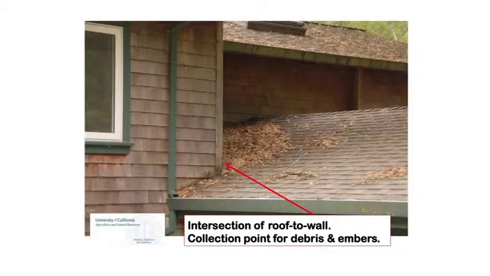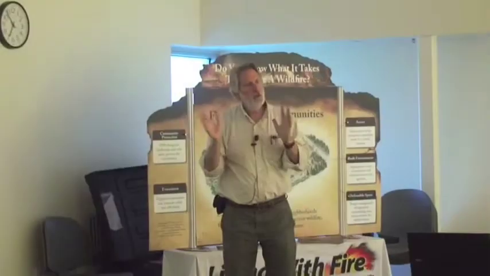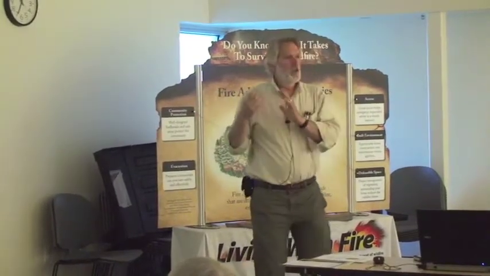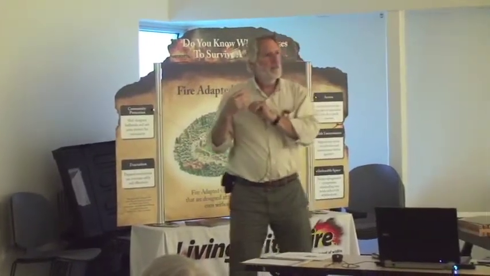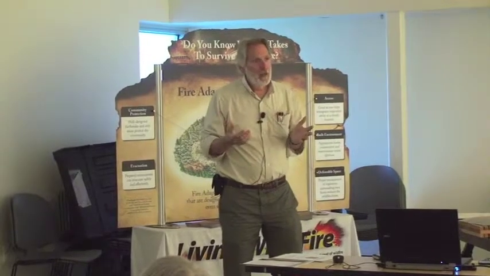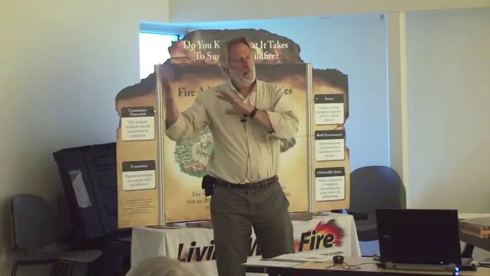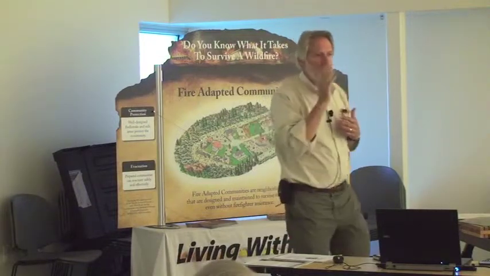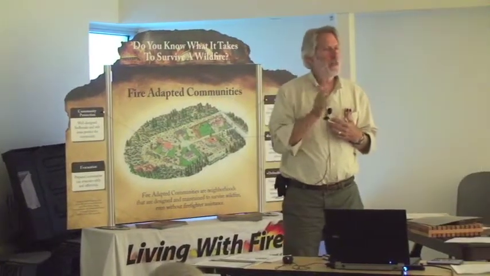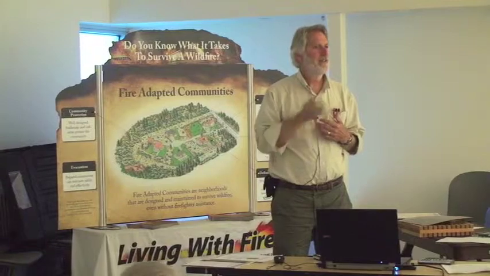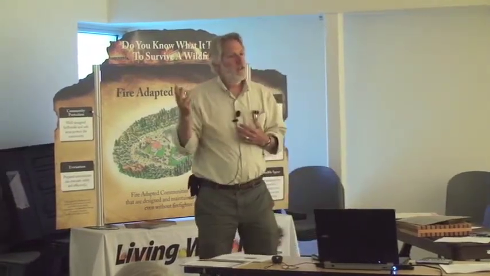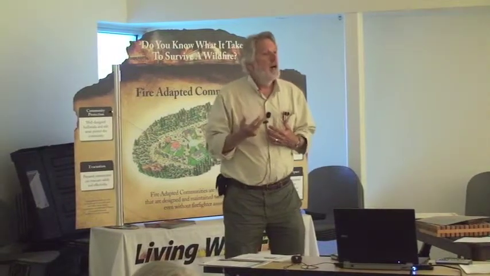So if you have a house like this, you can feel good about the roof, but you need to do other things. And you could decide that you're just going to keep that roof clean all the time, or you could do something about the siding so that the siding gives you the same relative performance as a Class A roof does. So you could replace the siding. You could put in a non-combustible siding.